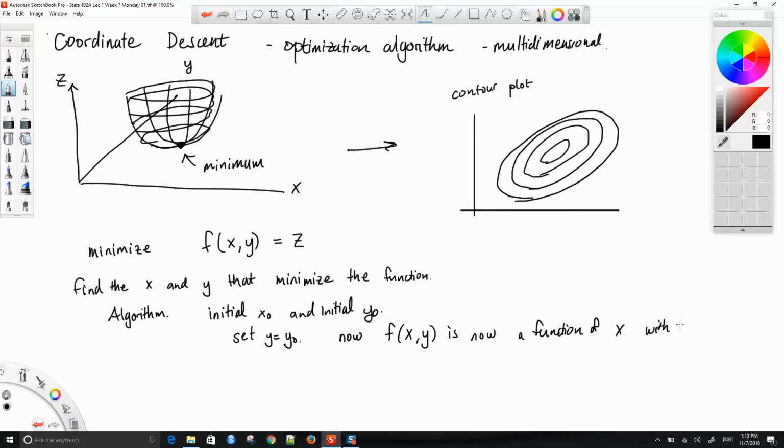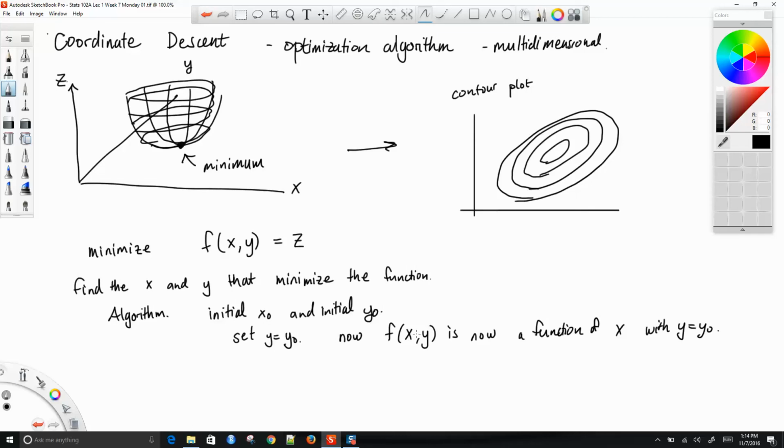So you're setting y equal to y sub 0, and because this is now just a constant, the joint function of x and y simplifies to being a function of just x only.